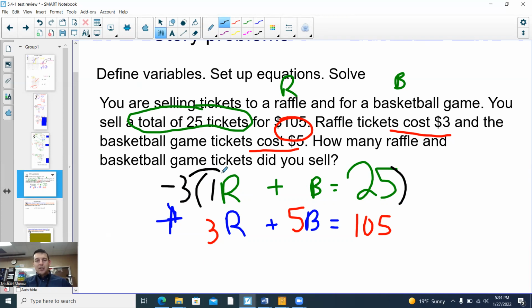So I'm going to do that to all three of them. -3 times R is a -3R. -3 times B would be a -3B. And a -3 times 25 would be a -75. Now I got my opposites. I can just add everything straight down and then you would solve.